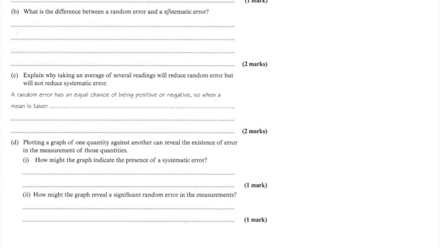What's the difference between a random error and a systematic error? In a random error, the errors are unpredictable. It is a variation of measurement that is unpredictable.